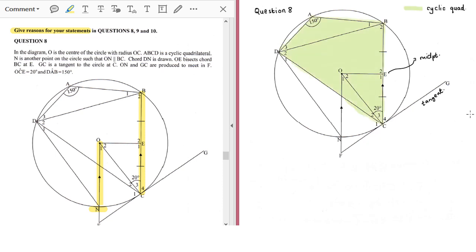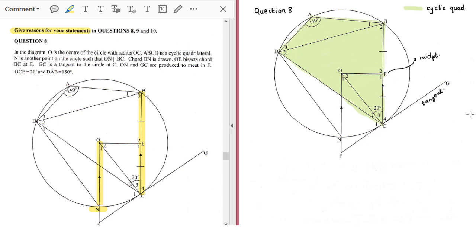Before we look at the questions, it is always good practice, now that you've read the given information, to start interacting with the drawing and start thinking to yourself, from the given information, what can I now deduce? What theorems can I see? What are the obvious things that are coming out from this picture?